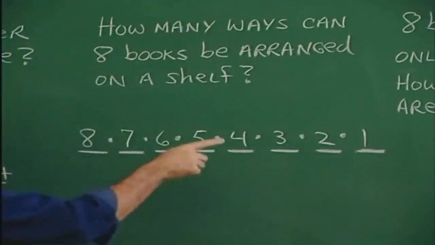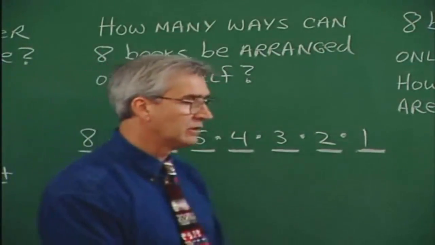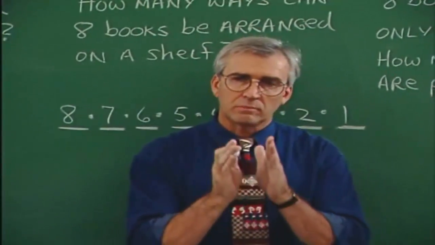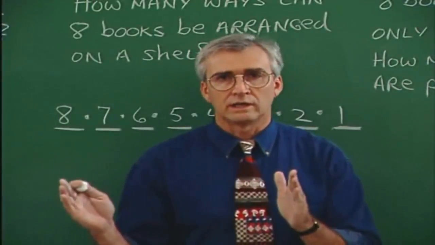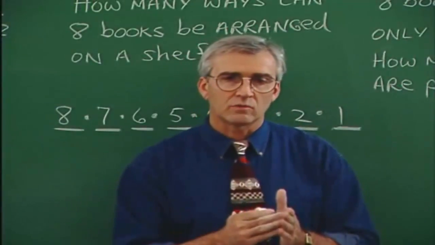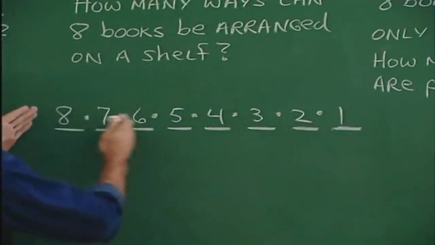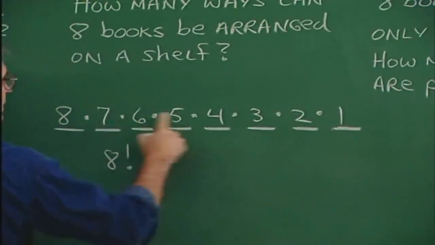Well, this brings up an interesting situation. This idea of taking a number and multiplying times every counting number all the way down to 1 from that value that we start with is the notion of factorial. And this actually is 8 factorial that we have written up here.